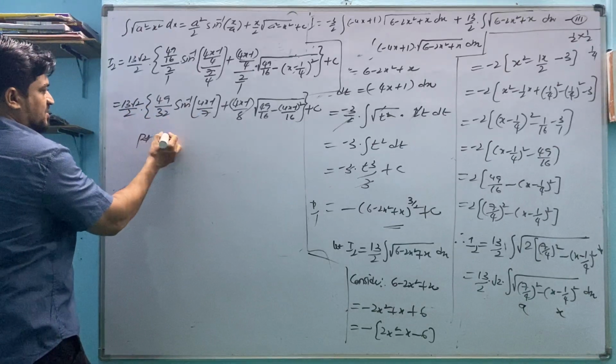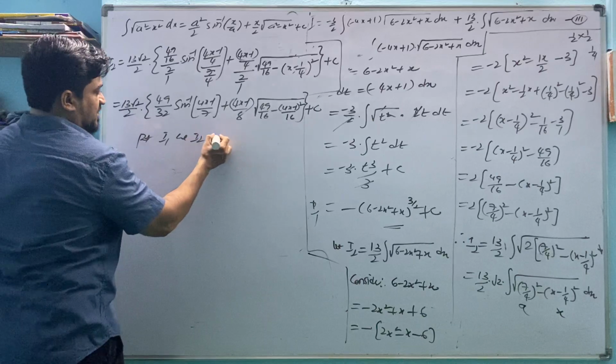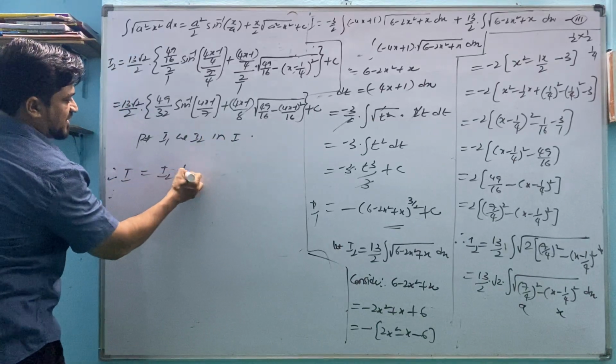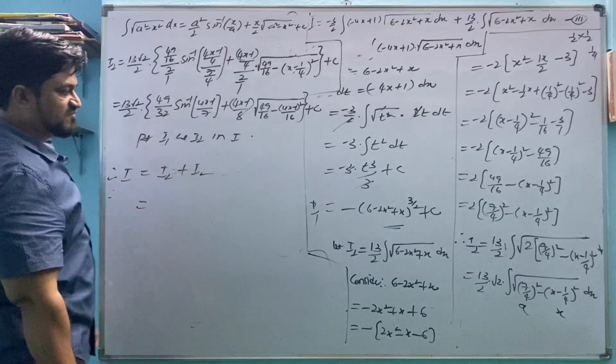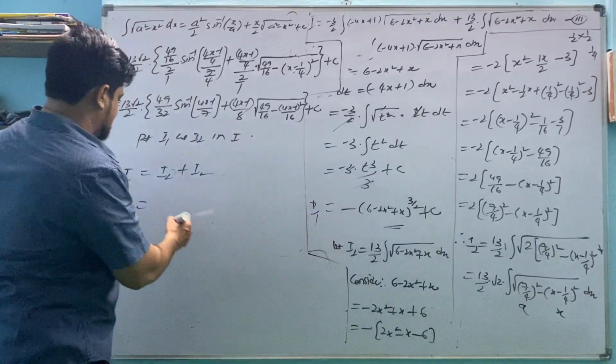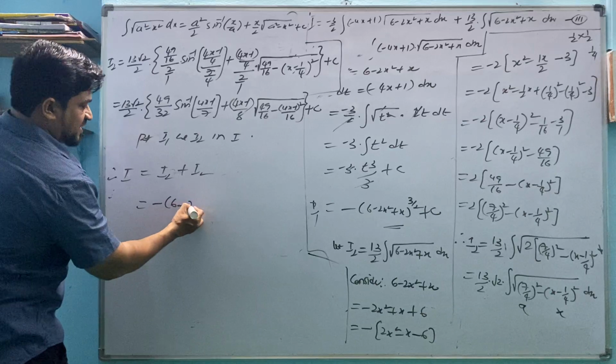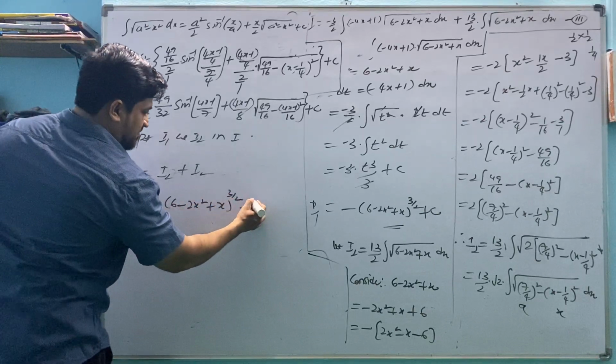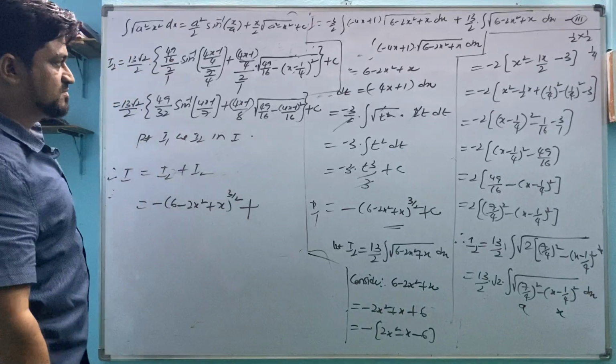They put I1 and I2 in I. Therefore I equals I1 plus I2. What is the value of I1 we got? I1 is minus 6 minus 2x square plus x whole power 3 by 2, plus I2.